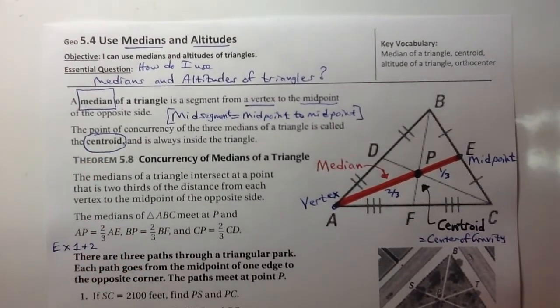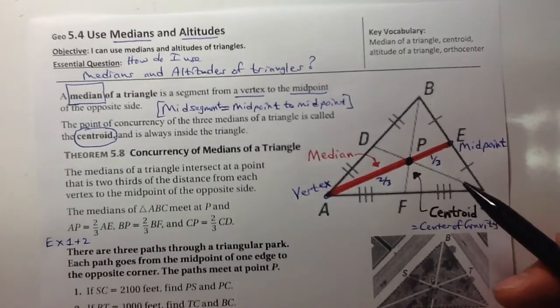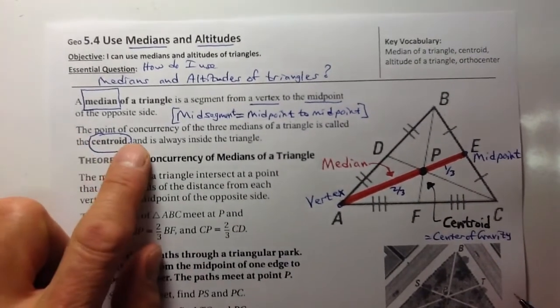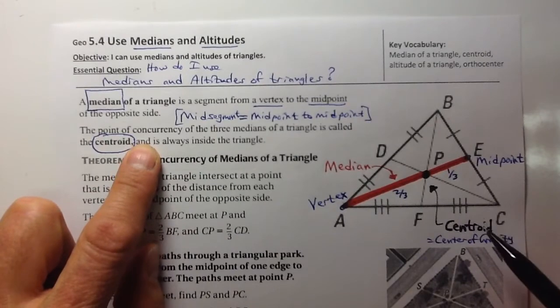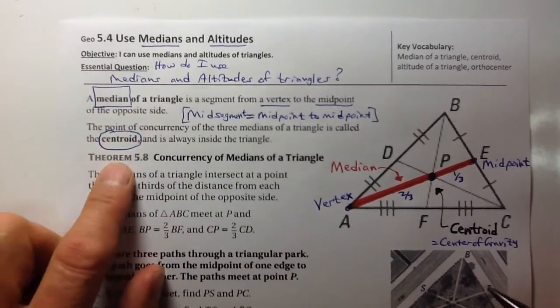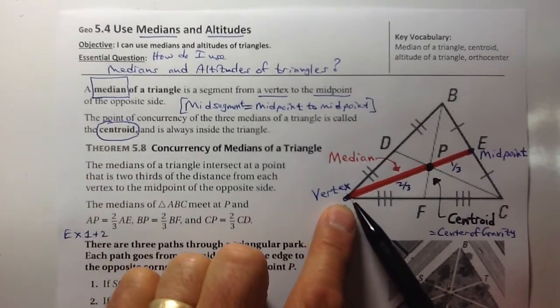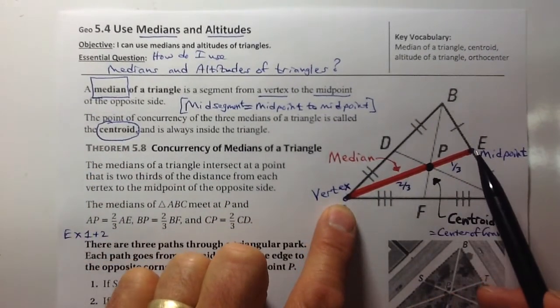And just like our perpendicular bisector and our angle bisector within a triangle, those are concurrent. Remember that word, concurrent? Where all three of them cross at one point. Same thing with a median. A median from this one vertex comes across here and goes to the midpoint.